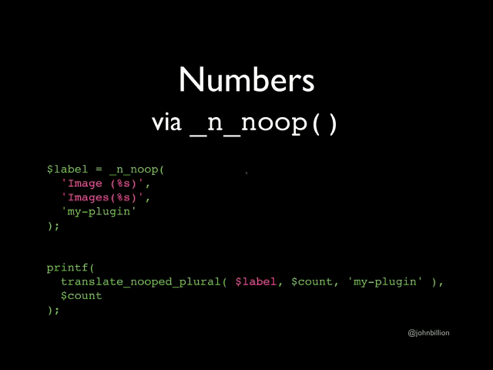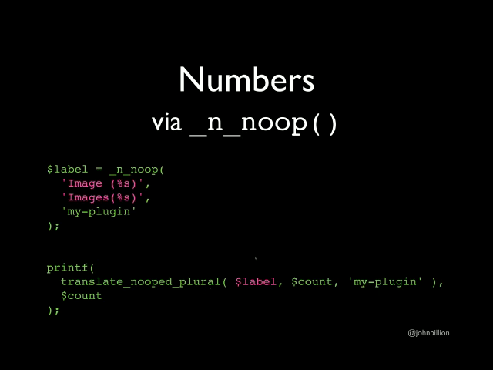So WordPress provides this function called _n_noop. And what this does is this registers those strings for translation. When translate.wordpress.org comes along and scans your plugins or themes, it will see these strings and it will register them for translation. And then we use this partner function called translate_nooped_plural.